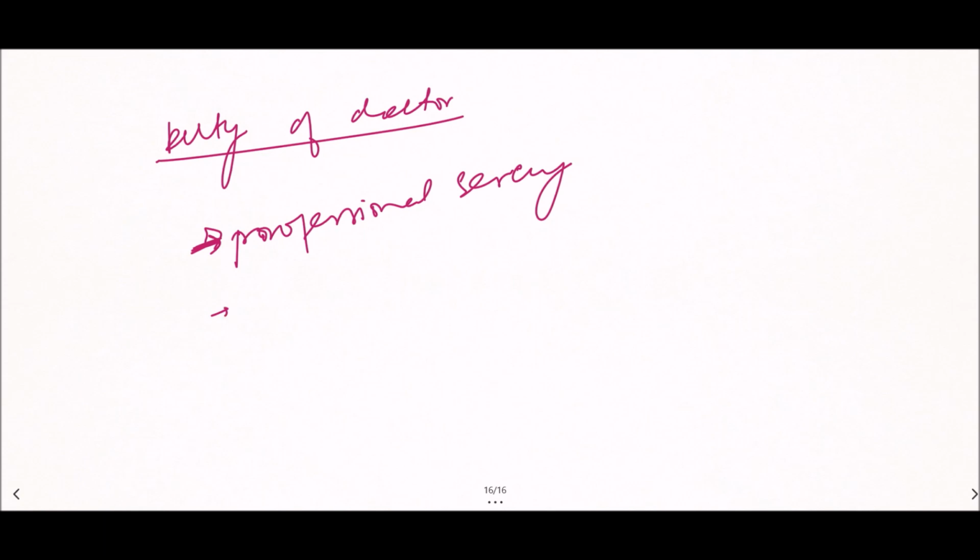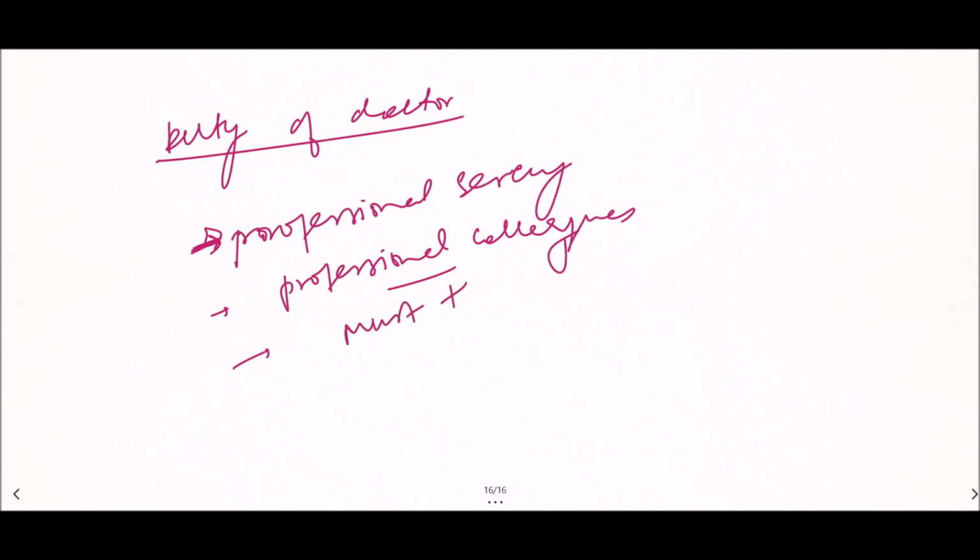Now, professional consultation. If the doctor is having any doubt, there should be proper consultation with a professional colleague, and doctors must treat the patient to his or her best ability.